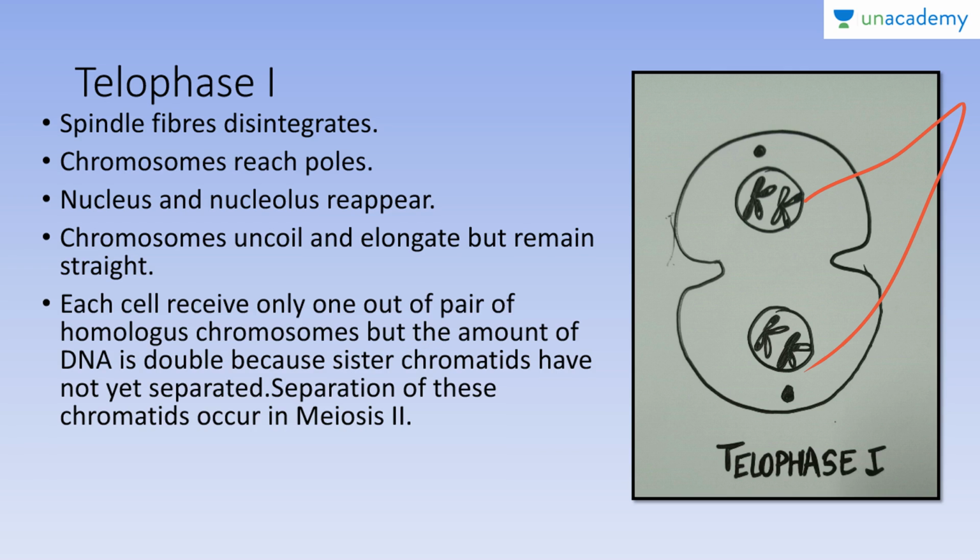If you compare from the start, you saw that a cell had 4 homologous chromosomes. But now as the cell is going to divide, each cell is going to have only two. These are two homologous chromosomes, and these are two. The one you are seeing along with the homologous chromosome is the sister chromatid. So you should not confuse it with a chromosome. You can't consider these to be 4.